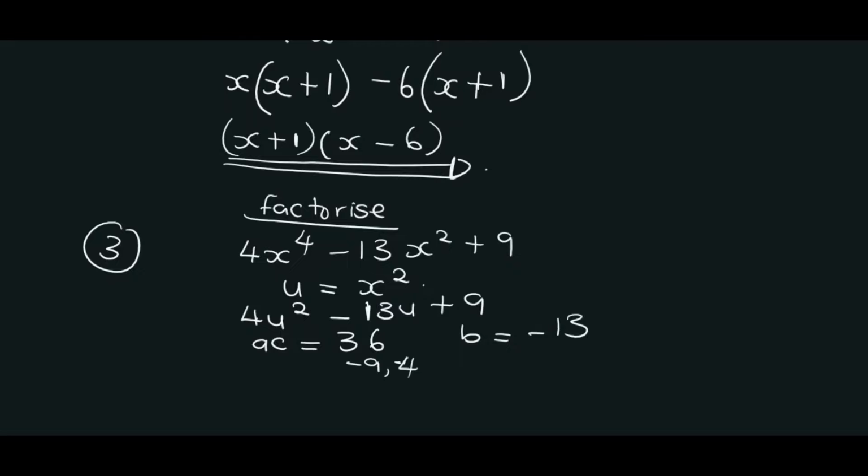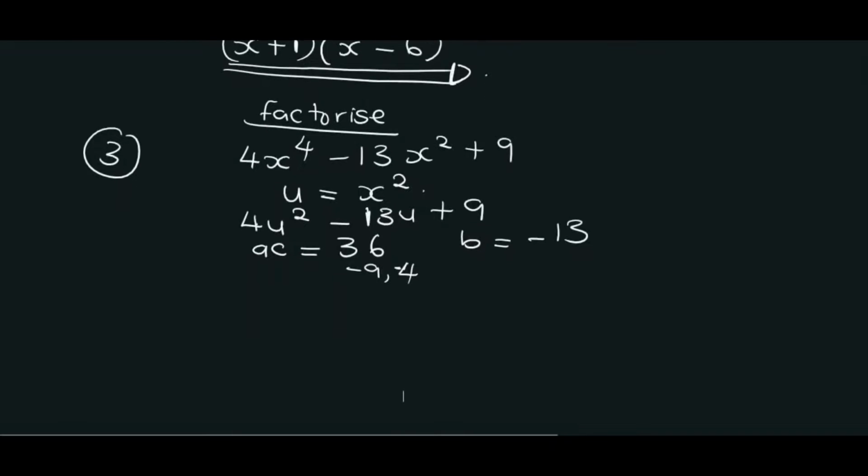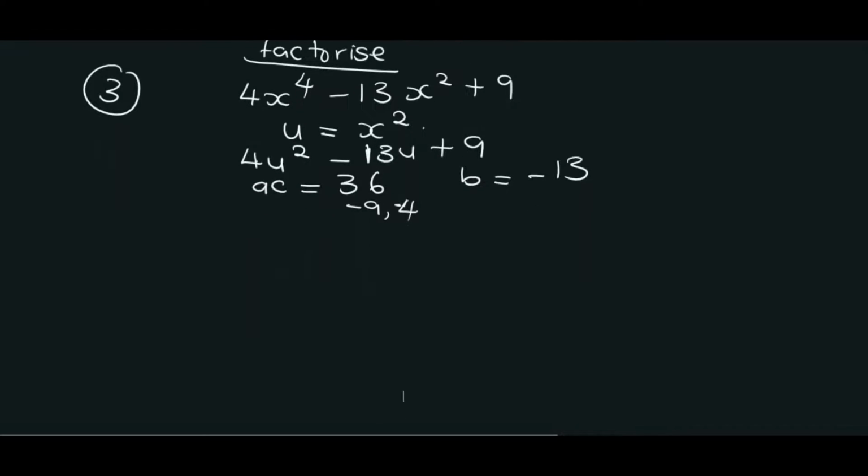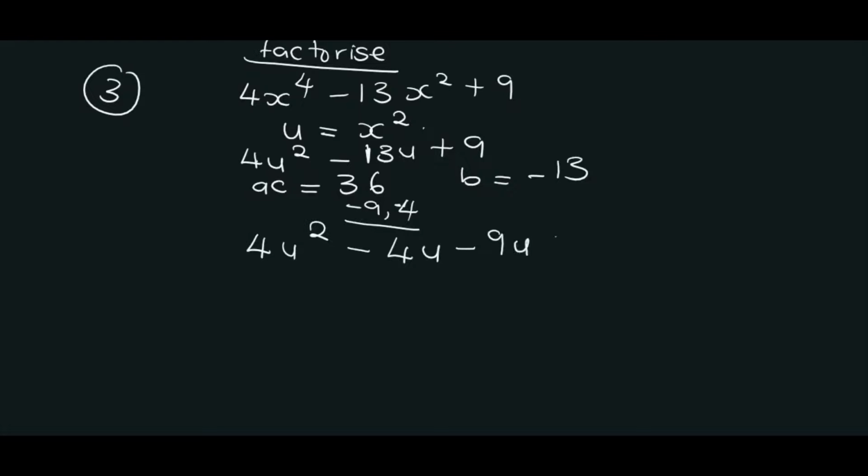Okay, so we replace minus 13u with minus 9u and minus 4u. So now we say that 4u squared minus 4u minus 9u plus 9.